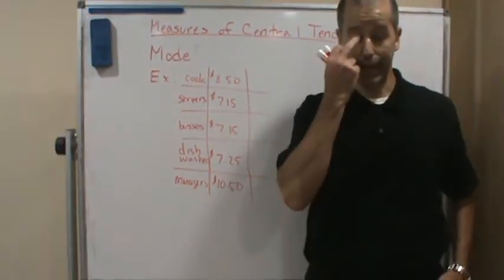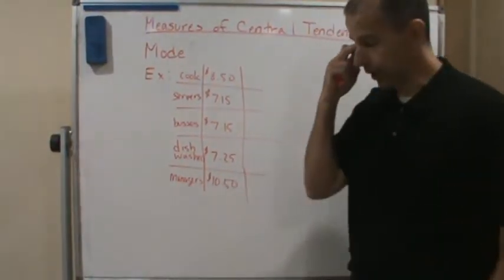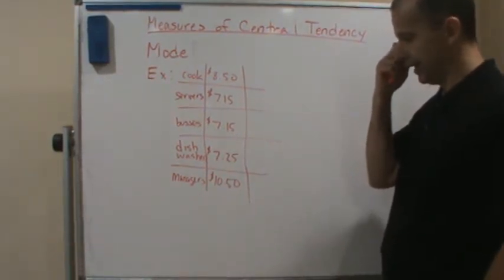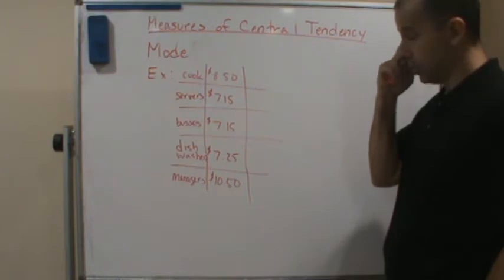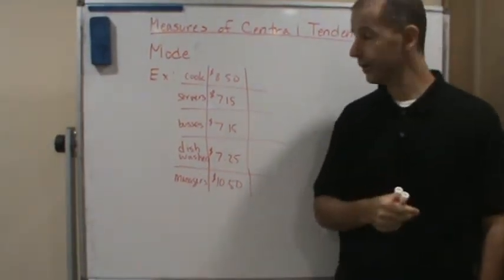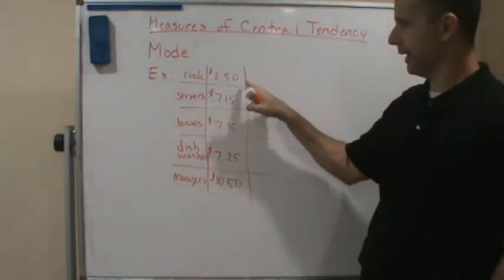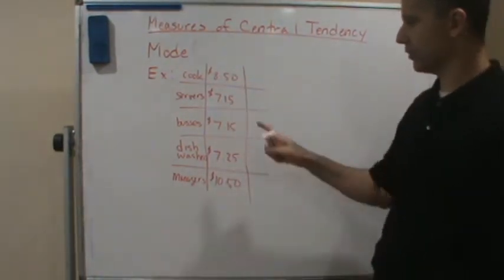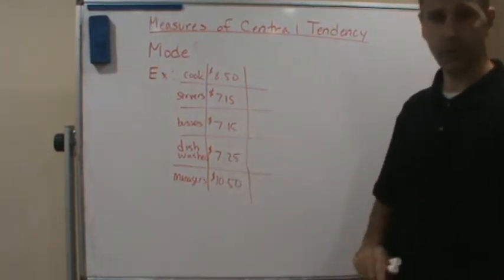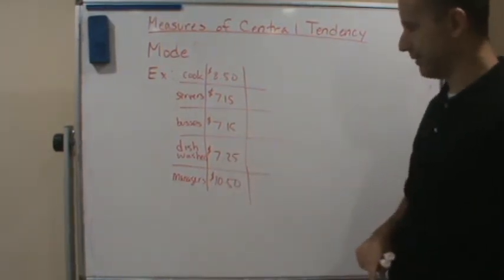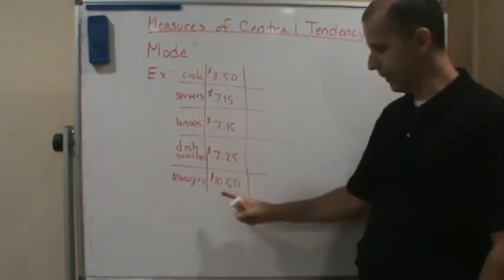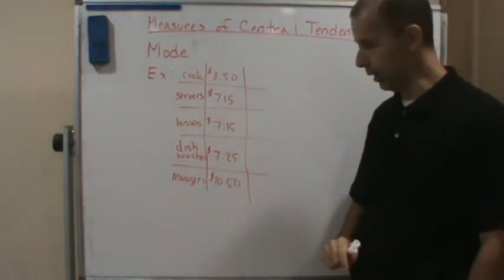Okay, so welcome back. Now in this example here, we have a restaurant, and we're looking at the pay scale for different positions within a restaurant. We've got cooks make $8.50 an hour, servers $17.15, busboys or busgirls are going to be making $7.15, dishwashers are $7.25 per hour, and managers are $10.50 per hour.